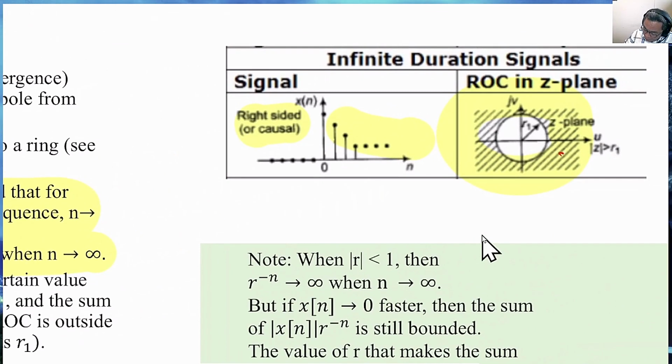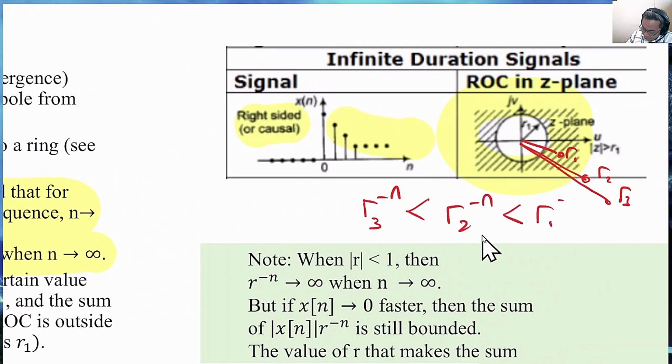So if we choose an r here versus an r here versus an r here, so we have r1, r2 or r3, where r is the distance to the origin. The larger the r, r3 to the minus n is less than r2 to the minus n is less than r1 to the minus n, as n tends to positive infinity.